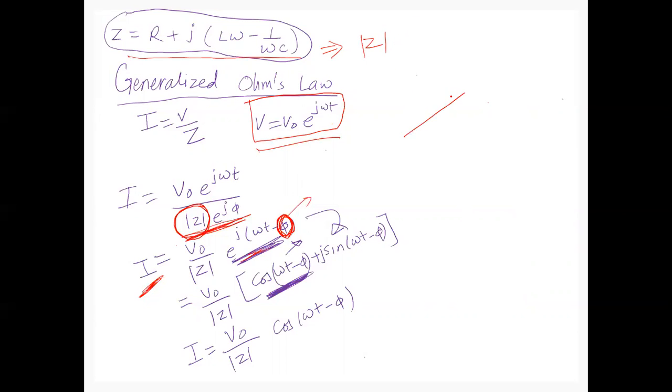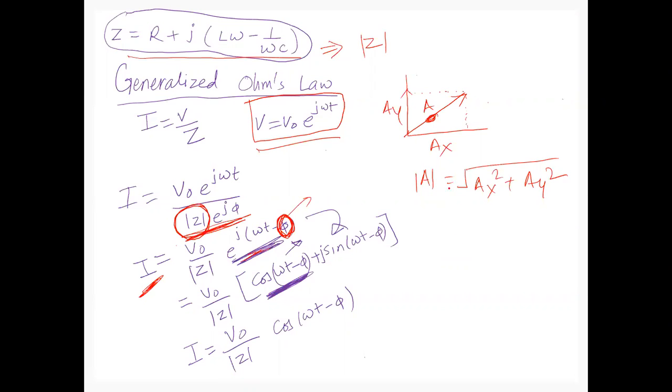If you have a complex variable, this is your A, this is your AX, this is your AY. How do you find A, the length of this vector? It is the square root of AX squared plus AY squared.